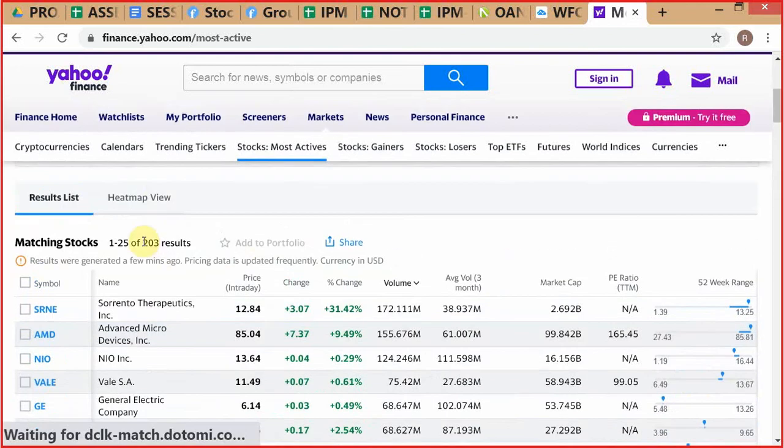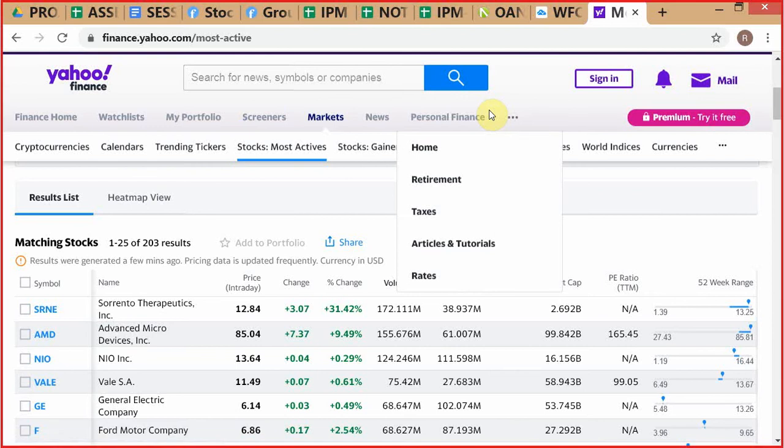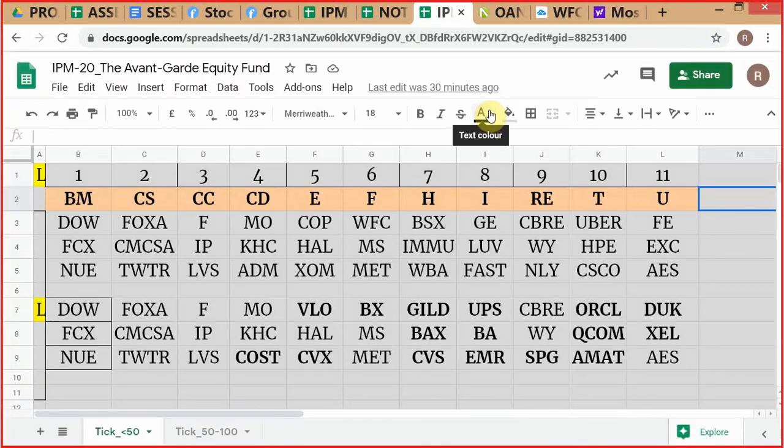So to give you some structure, I have given you a set of stocks, which is the universe. Now in this project you can only trade these stocks.